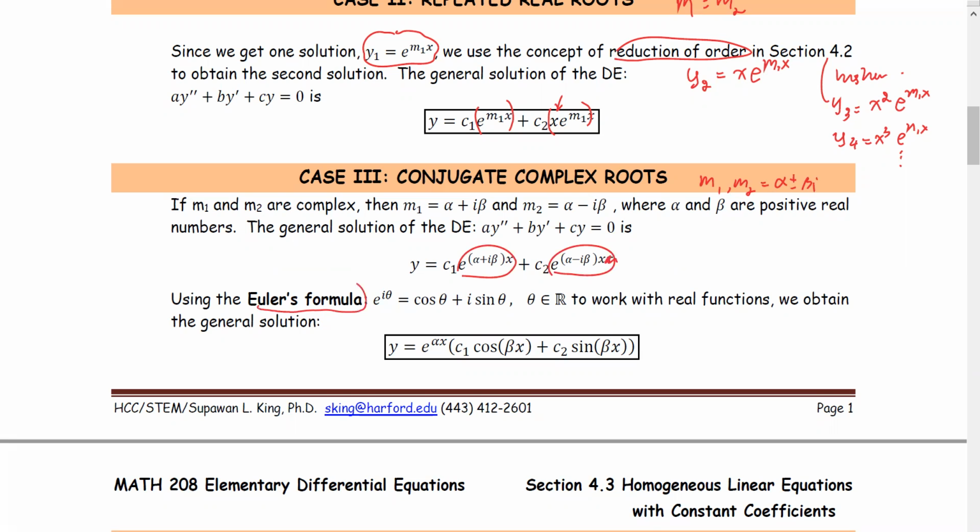Use the Euler formula, e to the i theta equals cosine theta plus i sine theta, and rearrange the terms to obtain another form of the solution for this case as y equals e to the alpha x multiplied by c1 cosine beta x plus c2 sine beta x. So we use alpha, the real part, as the power of the exponential term, and beta, the real number multiplying the imaginary part, as the argument of the sine and cosine.